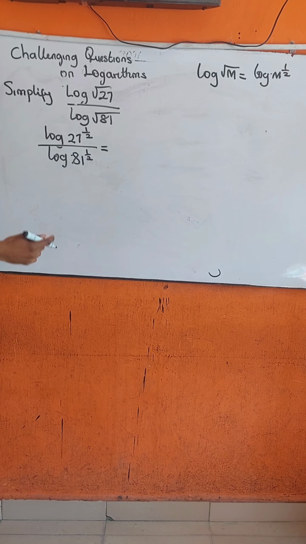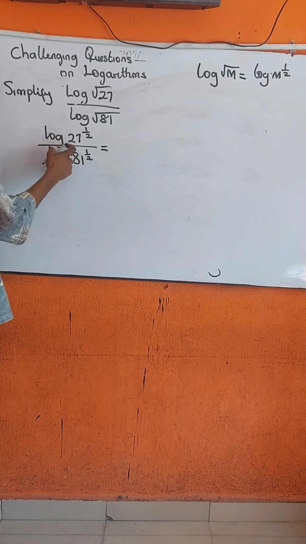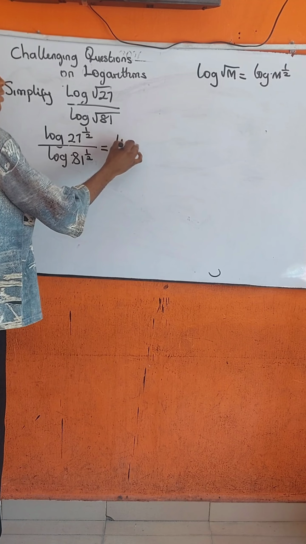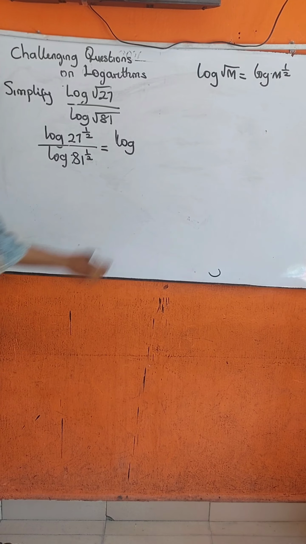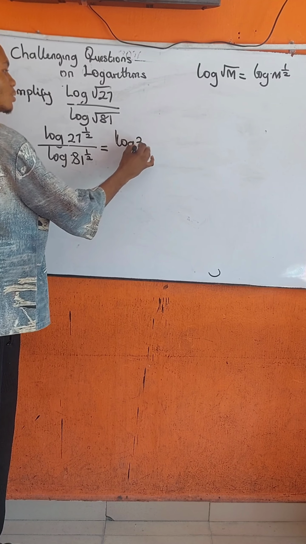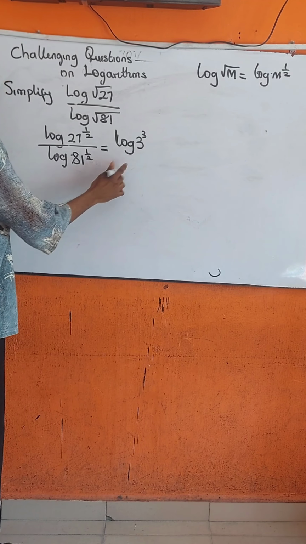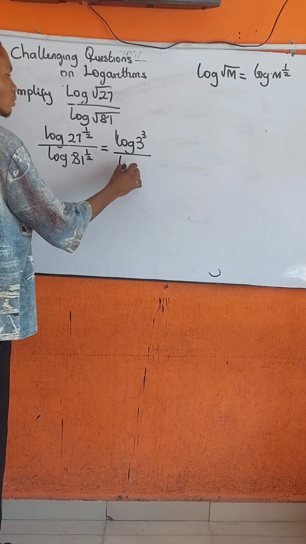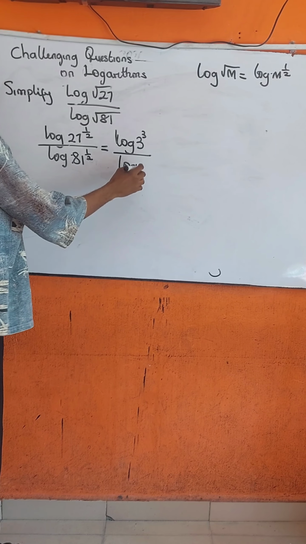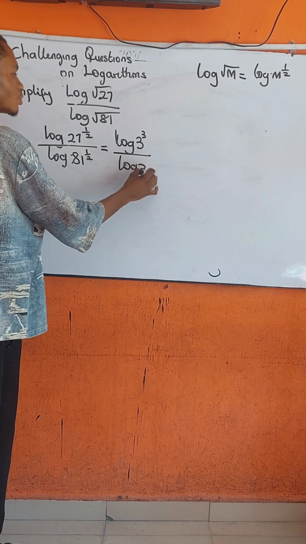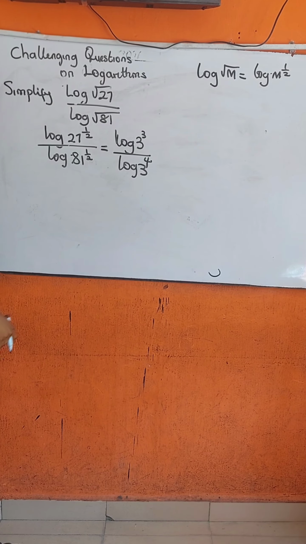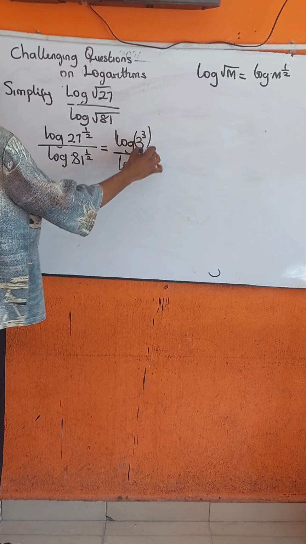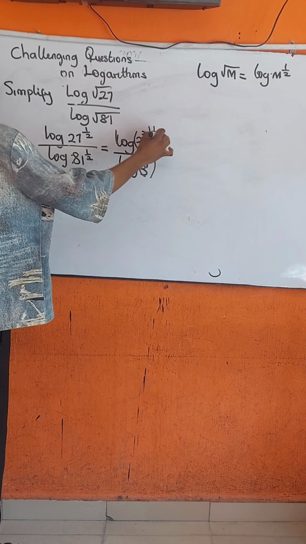For us to solve this, we still have to find the base. We have log of 3 raised to the power 3 over log of 3 raised to the power 4, all raised to the power 1 over 2.